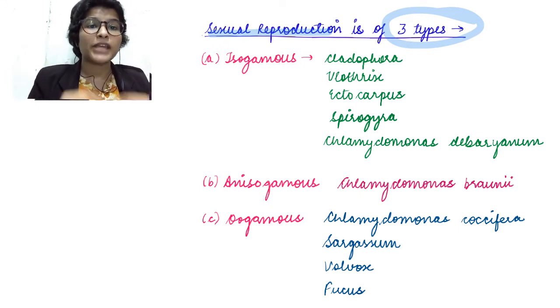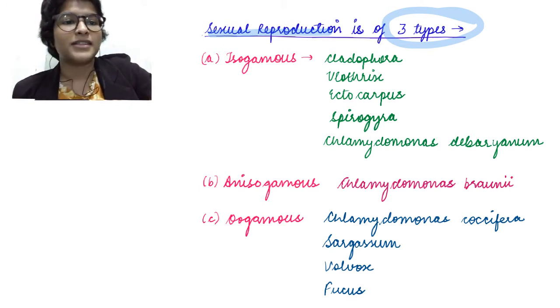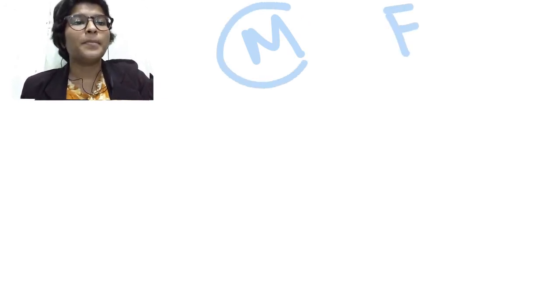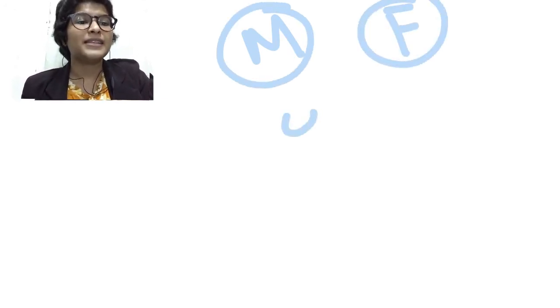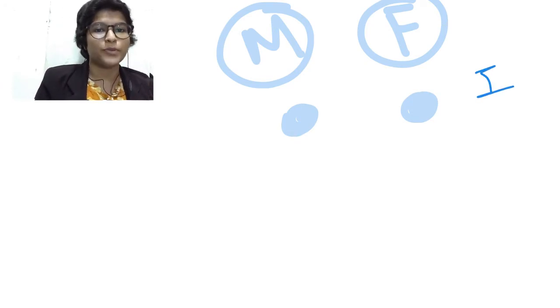We know that for sexual reproduction to occur, we need one male gamete and one female gamete, right. So, if the male and the female gamete are exactly the same, you call it isogamous. Okay, it is called as isogamous type of sexual reproduction.